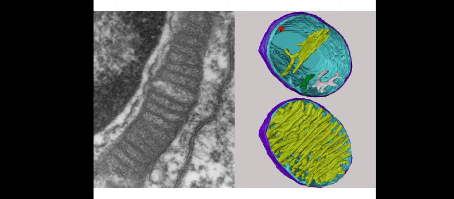Inside the mitochondria, the fluid present is termed the matrix. The inner membrane will be folded. You can see the green color structures. The inner membrane is folded and irregular, forming structures called cristae.